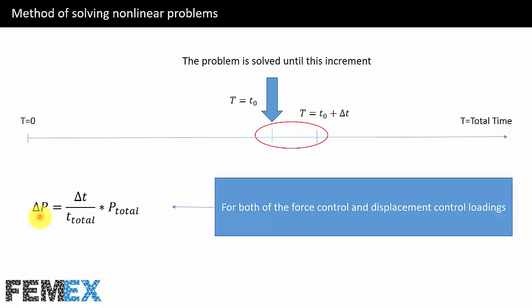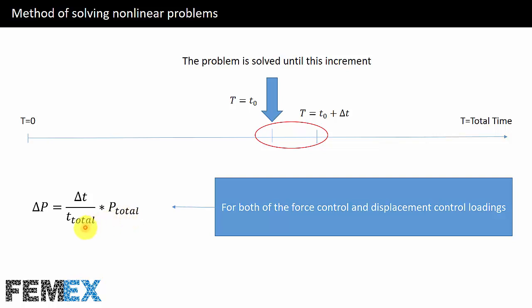The fraction of the load will be calculated from this formula. Delta T divided by T total multiplied by P total. We have T total and P total in the settings of the Abaqus.